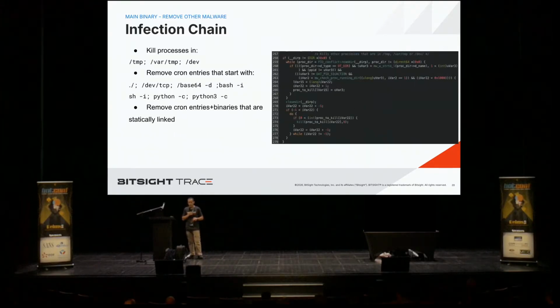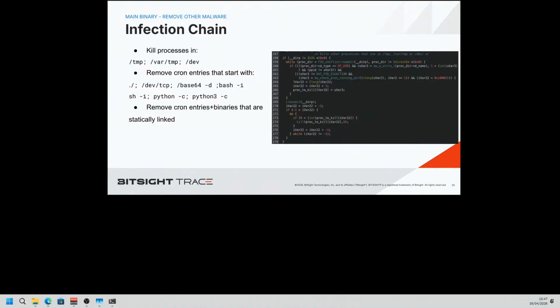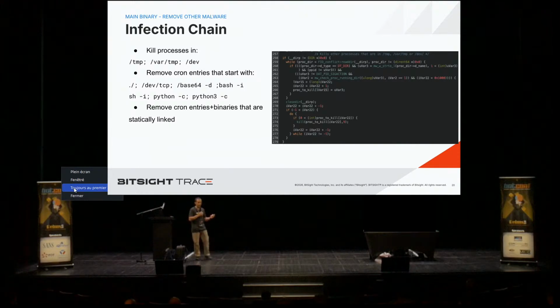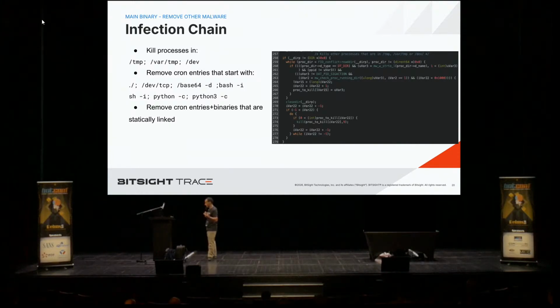So following this, we have the removal of other malware. This encompasses multiple steps. As we've seen before, they do similar things as they've been doing on the initial implant. They kill processes that are running from /tmp, /var/tmp, and /dev. And one other interesting thing that they do is that they look at cron entries, and they will remove entries that start with those strings that you see.